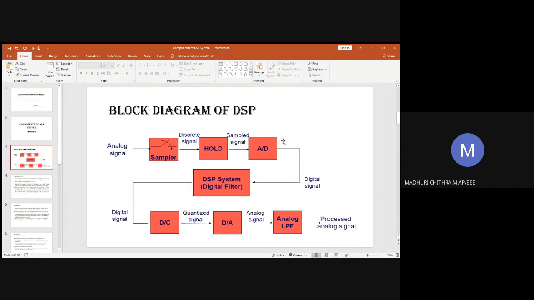The analog to digital converter gives a digital output, which goes to the digital filter.